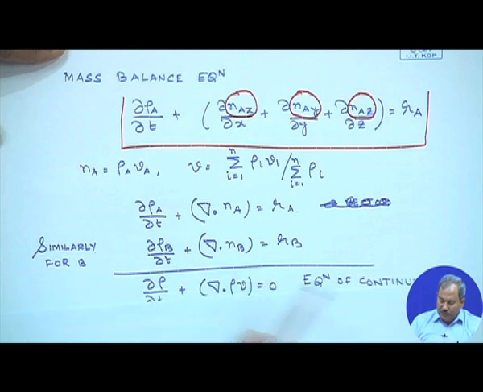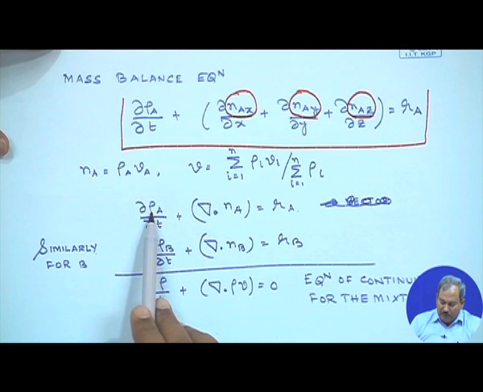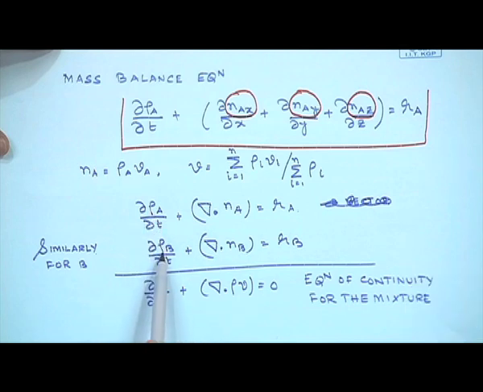So, if you add these two equations together, what you are going to get is the mass concentration of A and the mass concentration of B. So, del t of rho A plus rho B is simply going to be the mass concentration of the solution, which consists of two components A and B. So, I have used the relation rho A plus rho B is equal to rho.